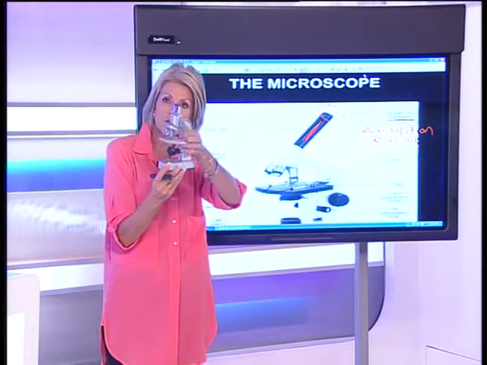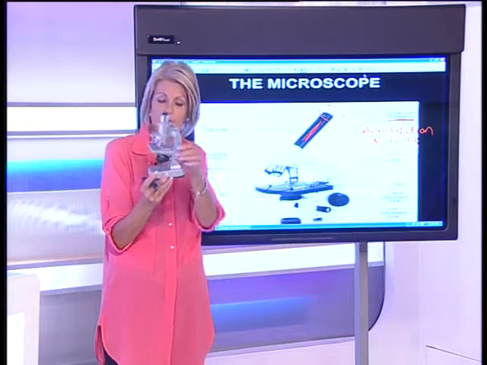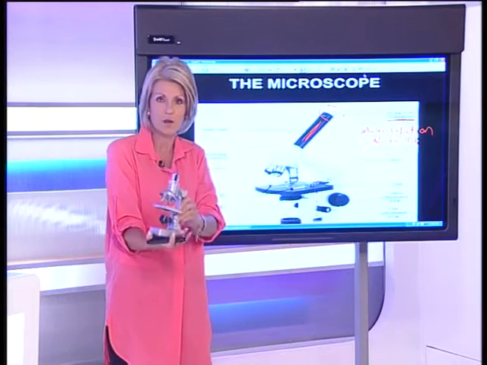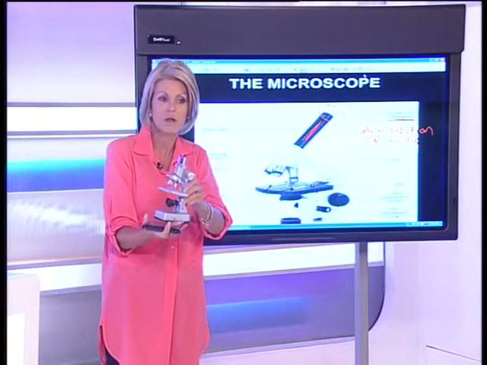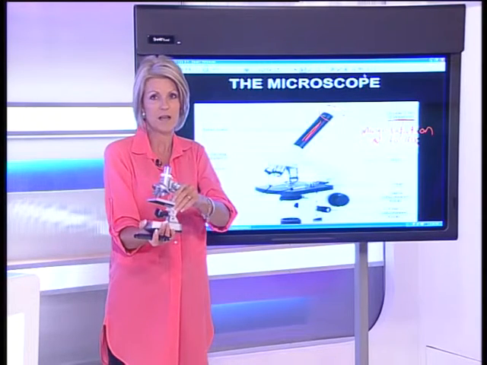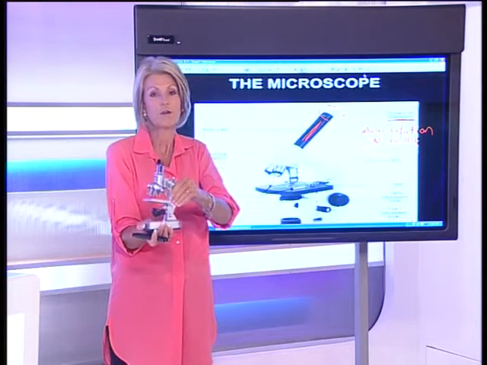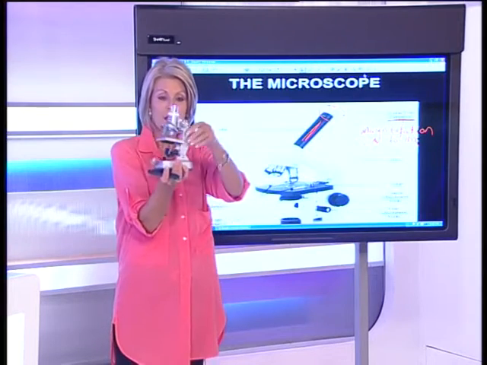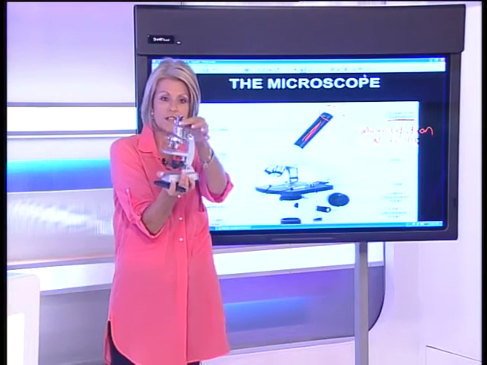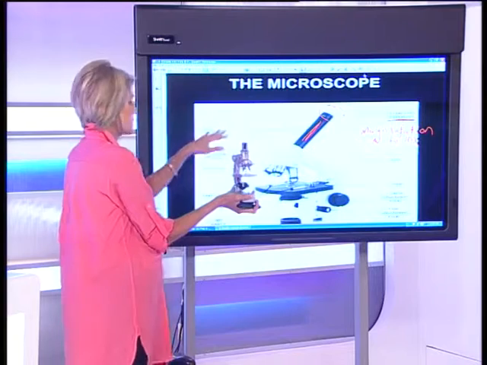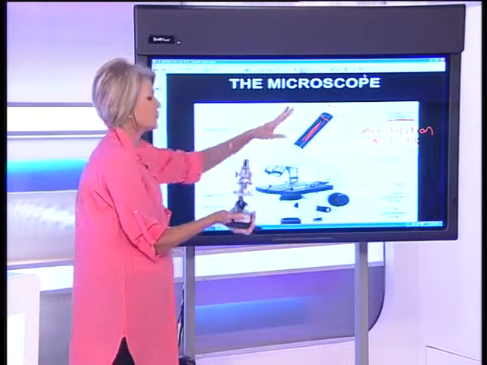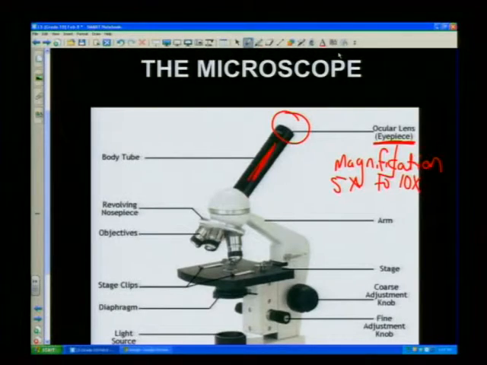You would then hold it on the arm, and you would put your hand below it, because if you drop it, whoa, it's expensive to replace. Okay, your parents are not going to be very happy with you. So the arm, we've got this tube, all right, which is the body tube, and we have the ocular, which is at the end. Now going down, there's your arm, which is the arm structure here.